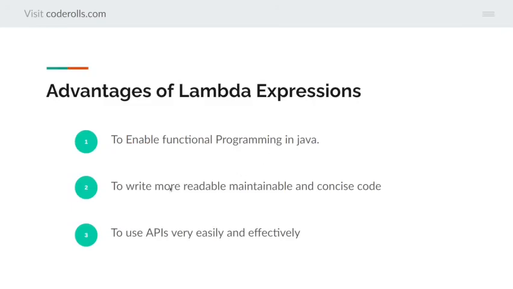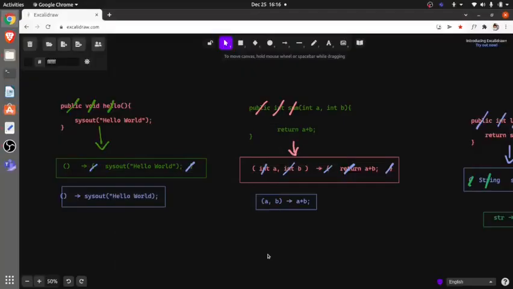And we can write readable, maintainable and concise code. And if we want to use some APIs, we can use them easily and effectively. I will explain this later in coming videos.